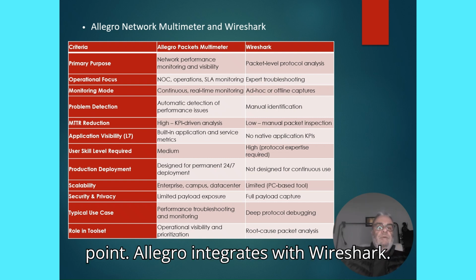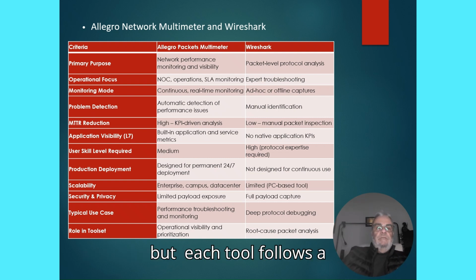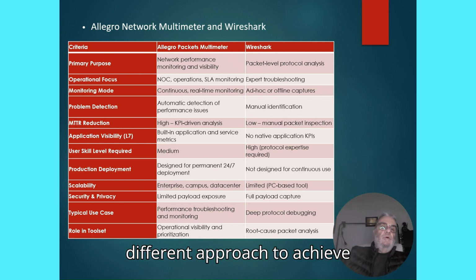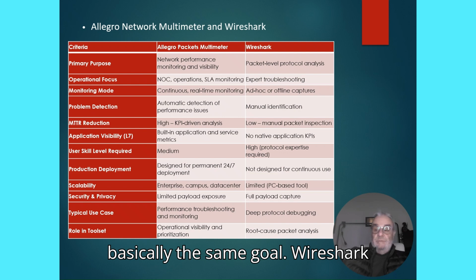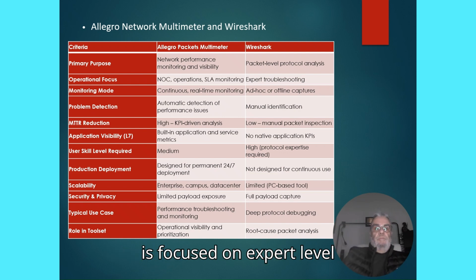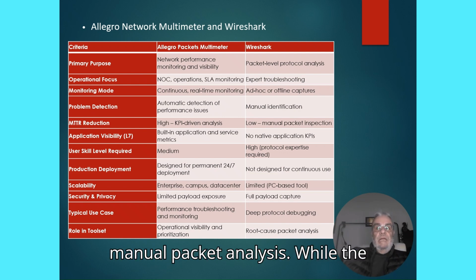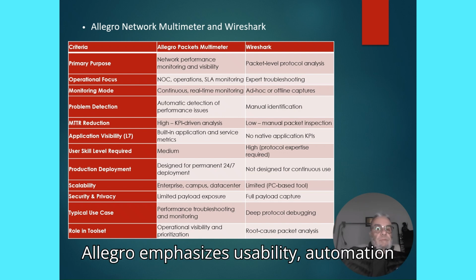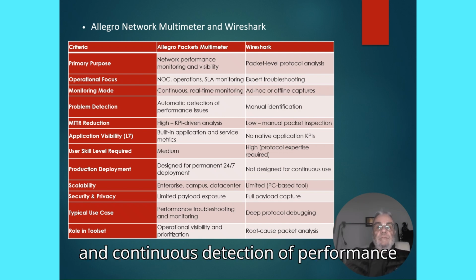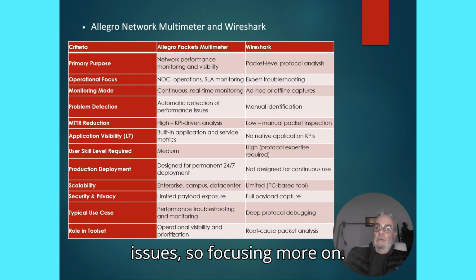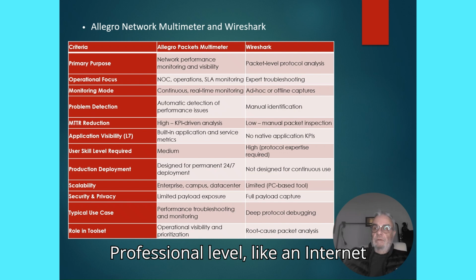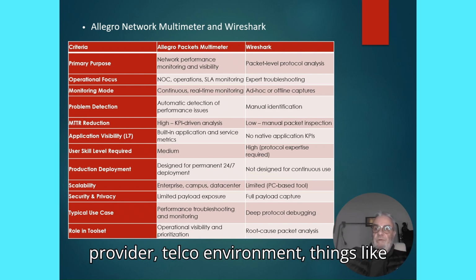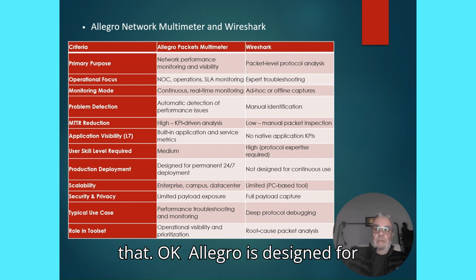Okay, Allegro integrates with Wireshark, but each tool follows a different approach to achieve basically the same goal. Wireshark is focused on expert level manual packet analysis, while Allegro emphasizes usability, automation, and continuous detection of performance issues. So focusing more on professional level, like an internet provider, a telco environment, things like that.